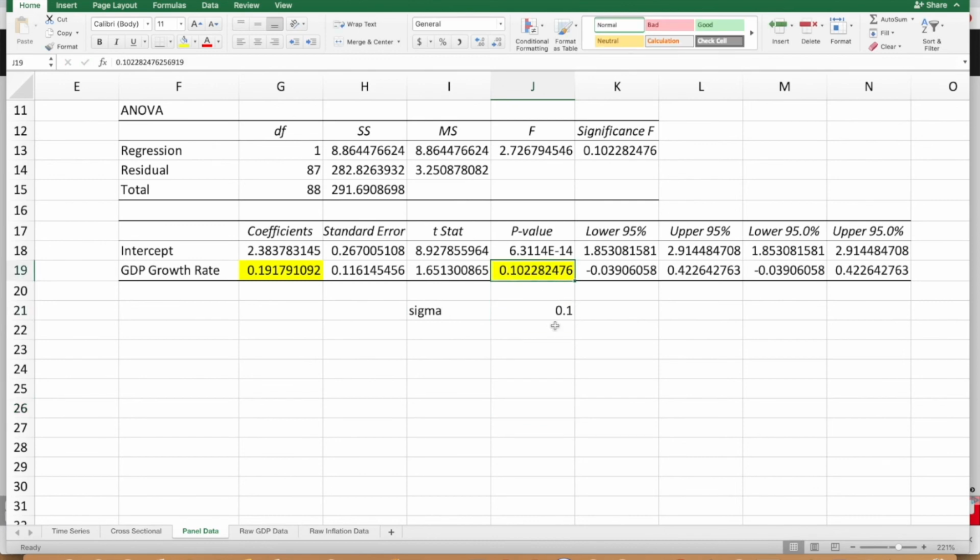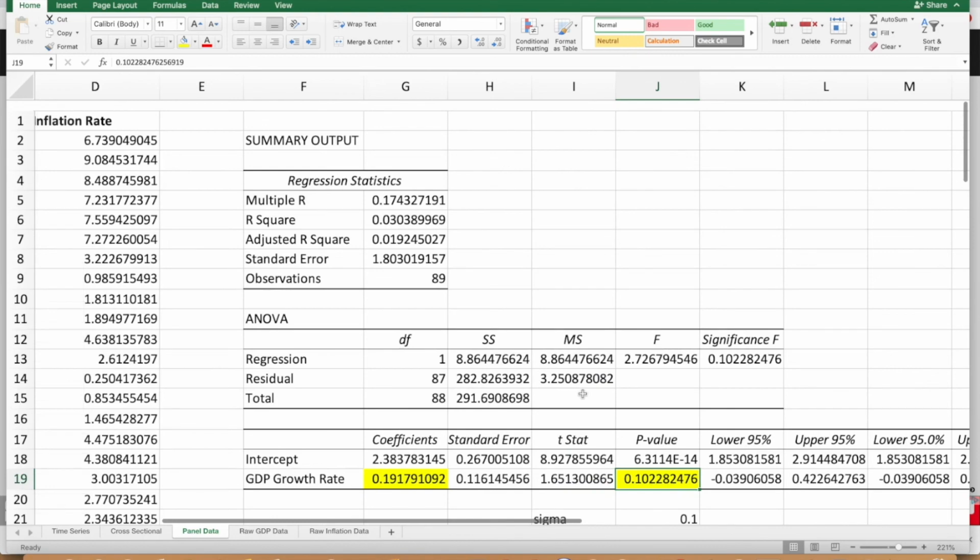So if I got that type of result in a project, I'd probably want to point out that it was very close. Sometimes we use terms like marginally statistically significant, which means it wasn't statistically significant using the 10% significance level, but it was really close.